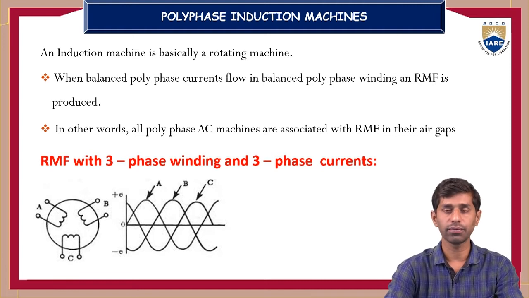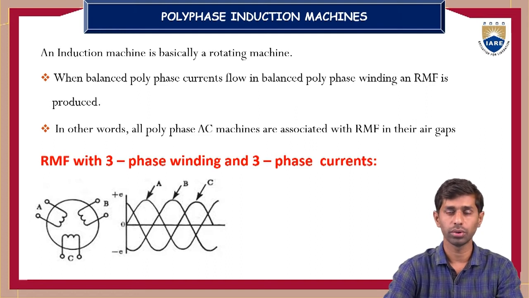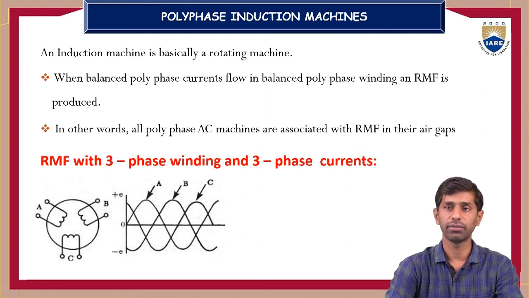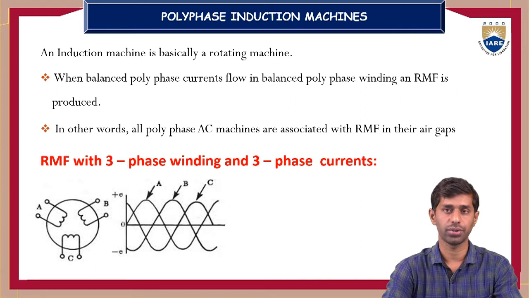But in the case of AC machines, specifically three-phase machines, we need a rotating magnetic field because the conductor is stationary. To satisfy Faraday's laws, either the conductor has to rotate or the magnetic field has to rotate or change.